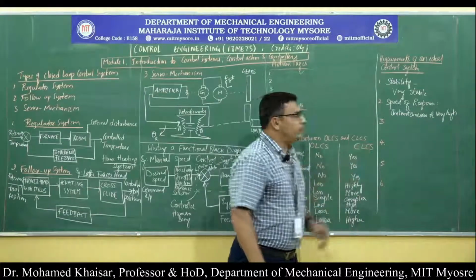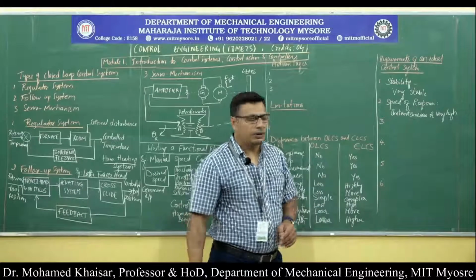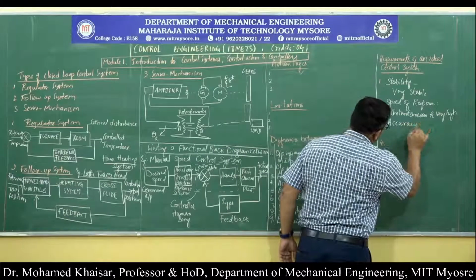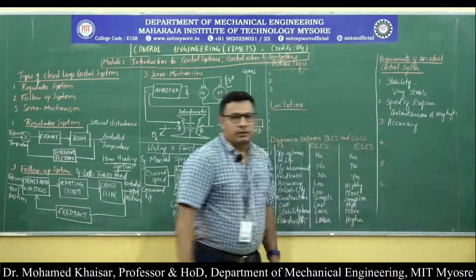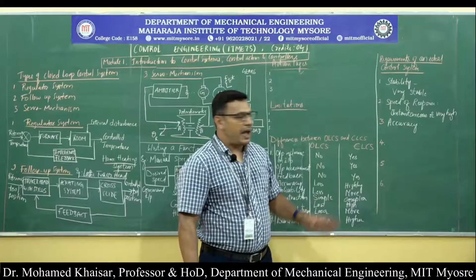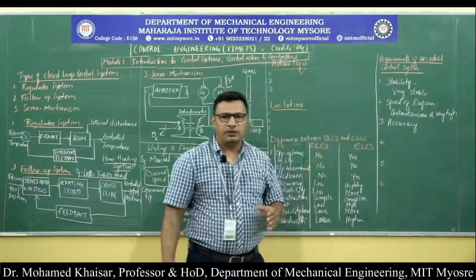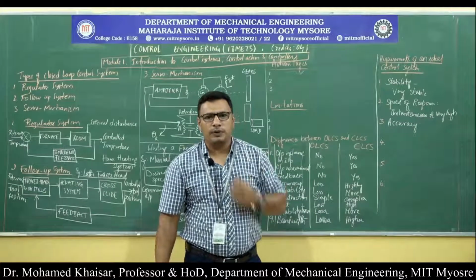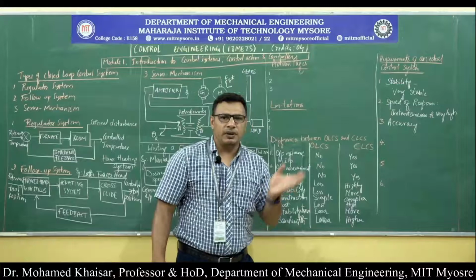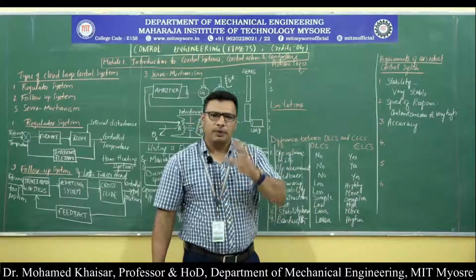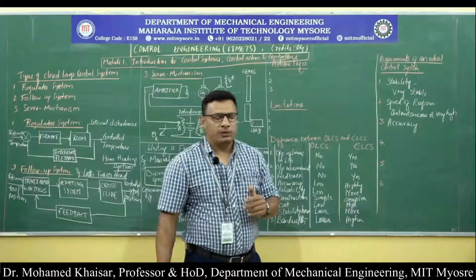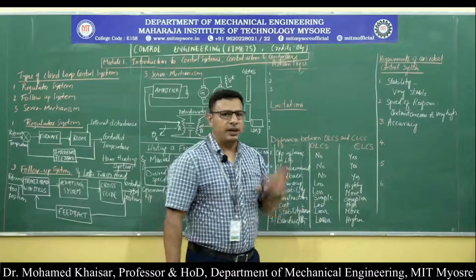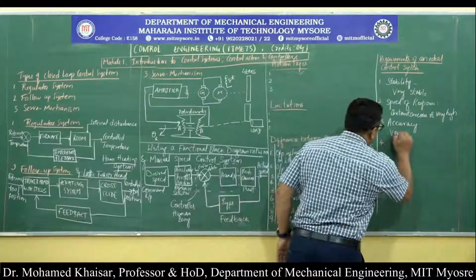Then the third important requirement for any good control system is accuracy. As much input as I give to the system, more or less the same proportionate output must be available. The transformation of input into output must be almost the same. So the performance of the system must be very accurate.